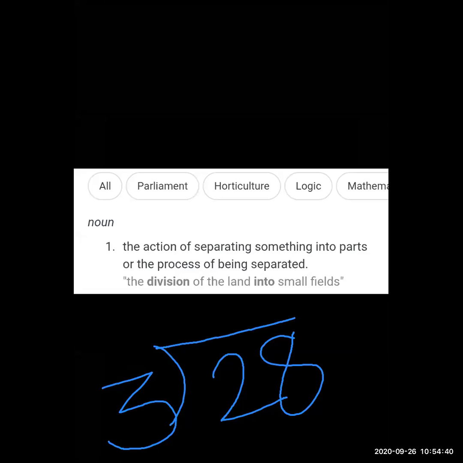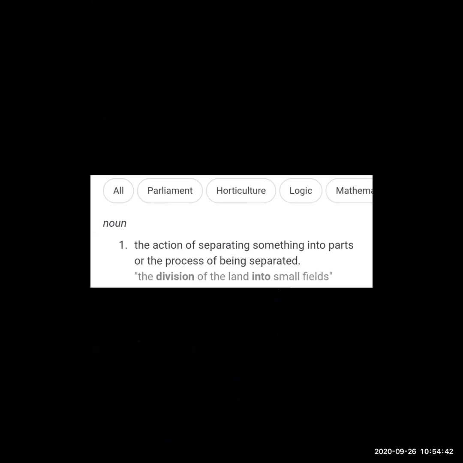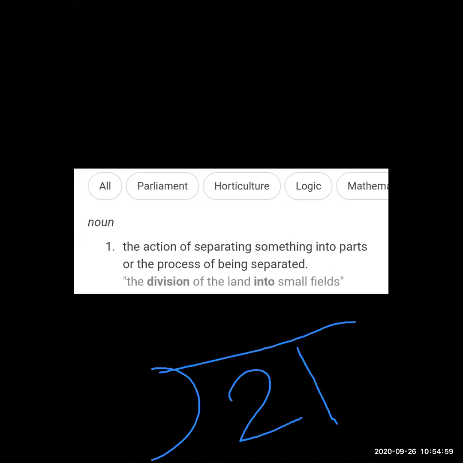Not 28 chocolates. I'm going to take 21 chocolates. And you want to distribute these 21 chocolates among 7 students.